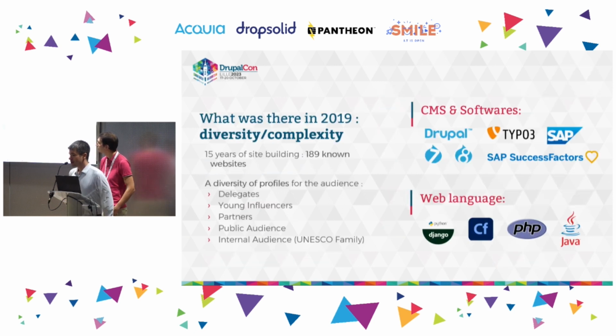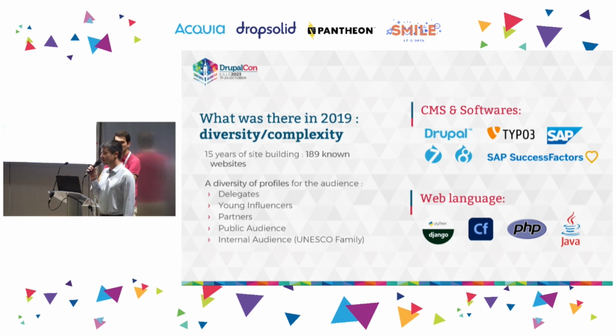So let's talk about the challenge. We have to remember that there was nothing in terms of a web factory and in terms of Drupal in 2019. What was there was diversity and complexity.